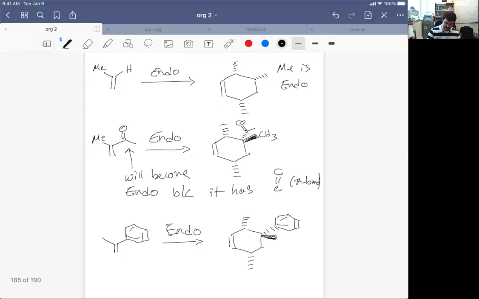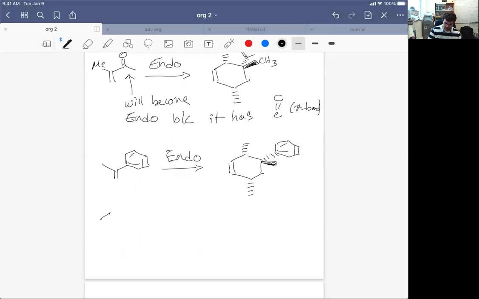I could have put a cyclohexane, if you want me to. I could draw a system that has a cyclohexane and a benzene ring. This cyclohexane is actually bigger because it forms a chair structure and has more hydrogens. And I would say this is still going to orient itself so that it's endo. You might say, well, wait, you haven't drawn them that way.